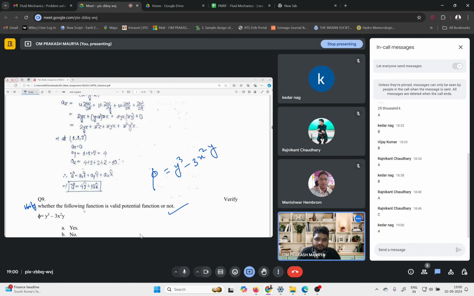Okay, you are telling option A, that this is a valid potential function. Kedar is saying yes. Okay, other students please, Rajnikant and Manishwa.